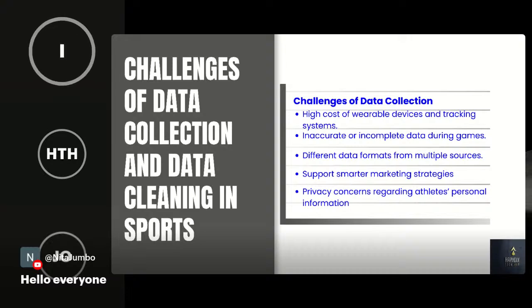For example, there could be a sensor glitch, or the Wi-Fi drops mid-game, or the camera loses sight of a player for a minute or a second. This alone can leave us with missing or incorrect numbers, and with all these, our analysis is not reliable at all. So there shouldn't be any mistakes, and data shouldn't be entered incorrectly.